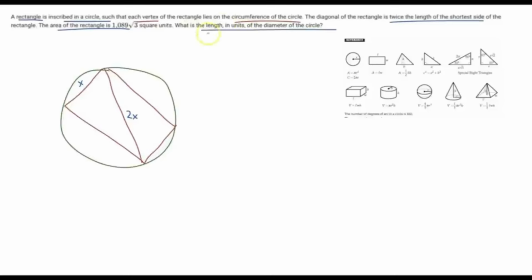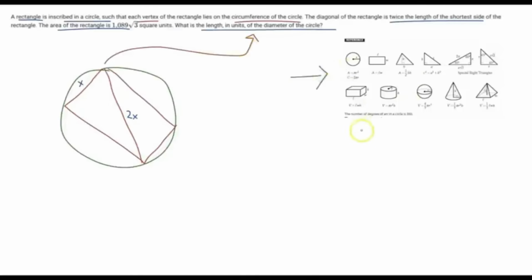All right, so the diameter of the circle is just its radius times 2, because that's from one end of the circumference to the other end of the circle. And you can see that the diagonal satisfies that condition. Therefore, the diagonal of this rectangle is the diameter of the circle. But how do we actually find our side lengths? Well, you have to use this thing on the side.